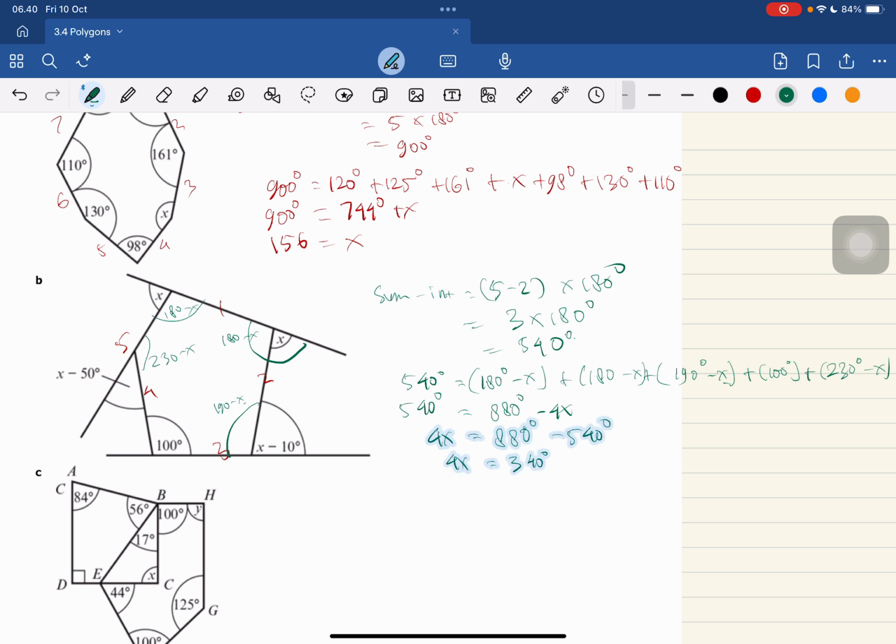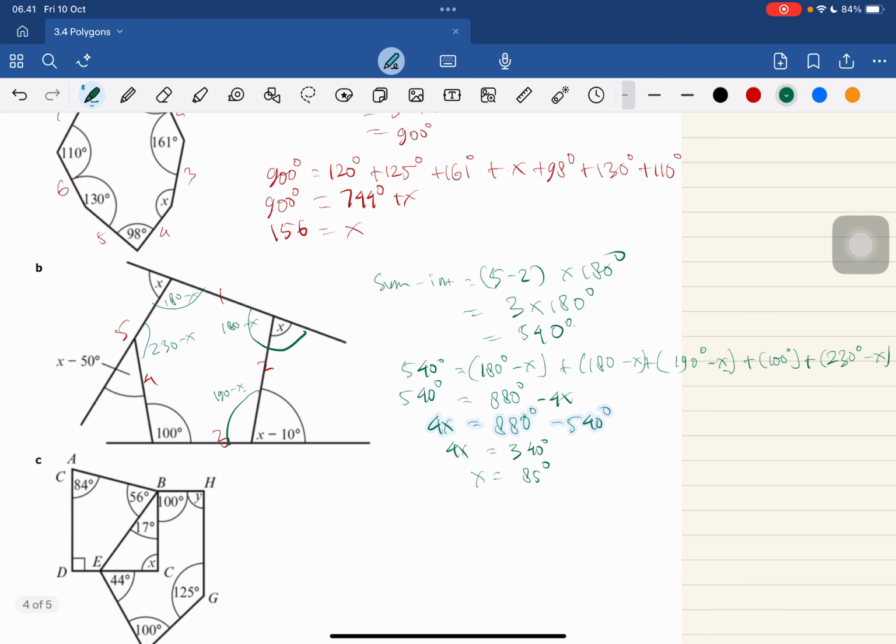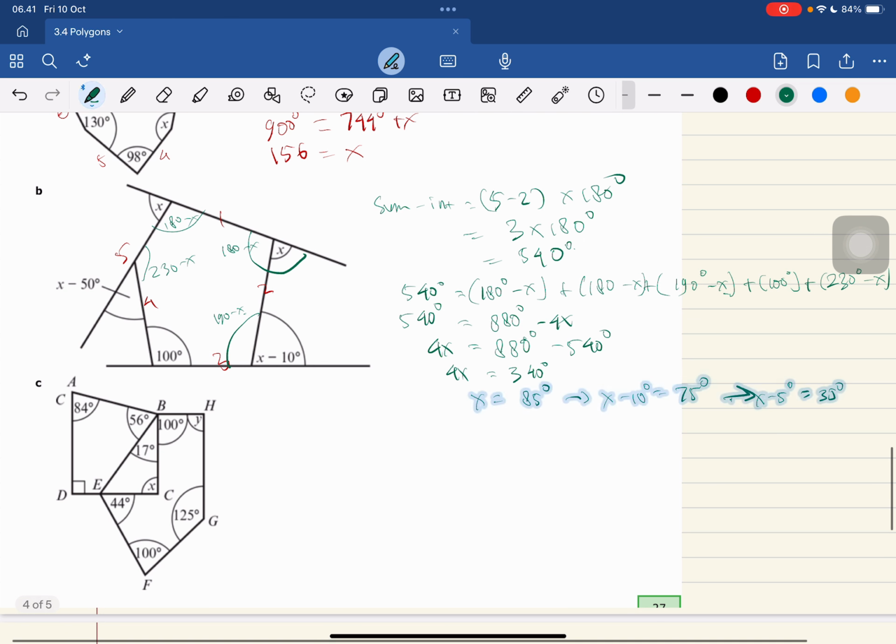So 340 degrees divided by 4, so x equals 85 degrees. So here x minus 10 degrees is going to be 75 degrees, and then x minus 50 degrees equals 35 degrees. Okay, let's continue for C.